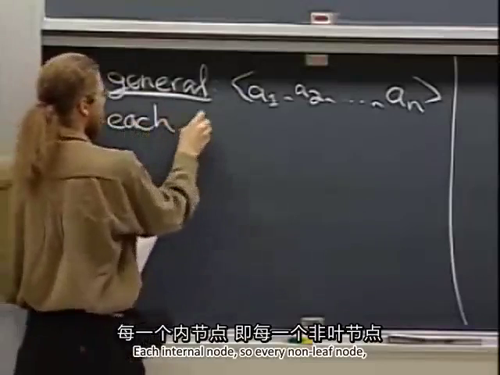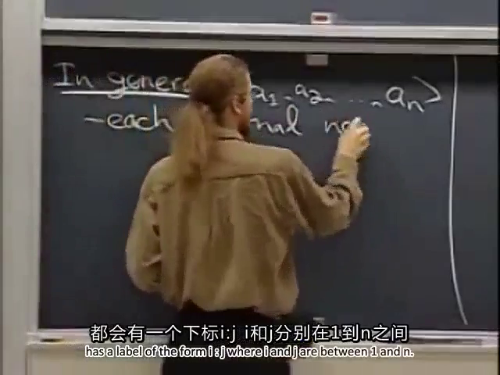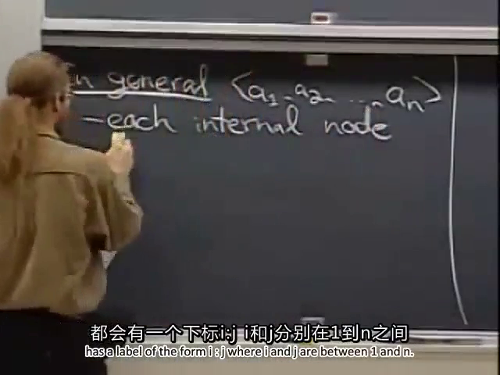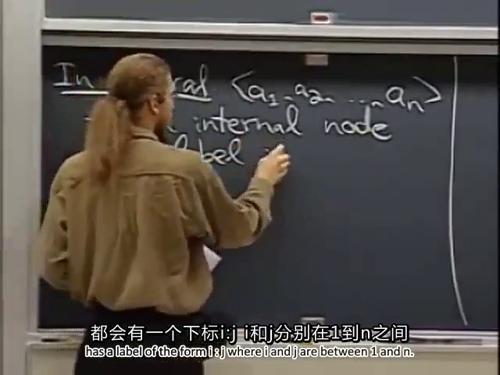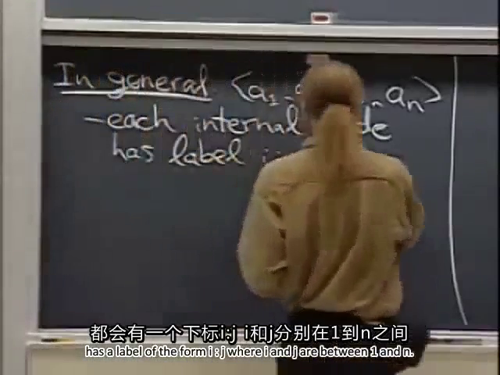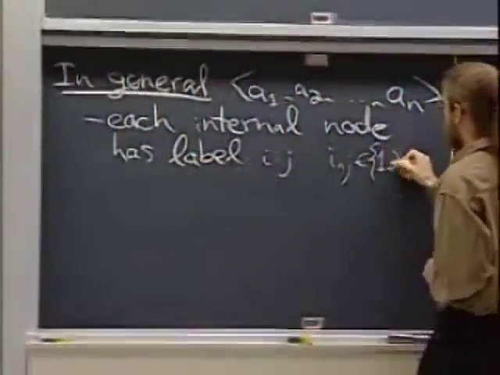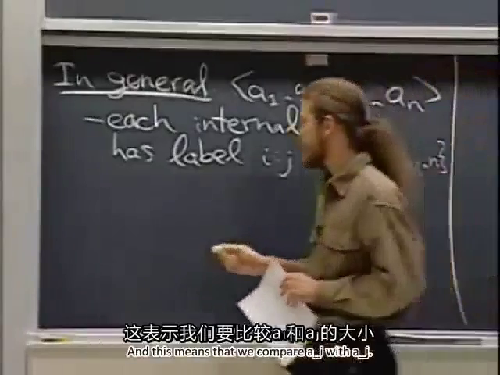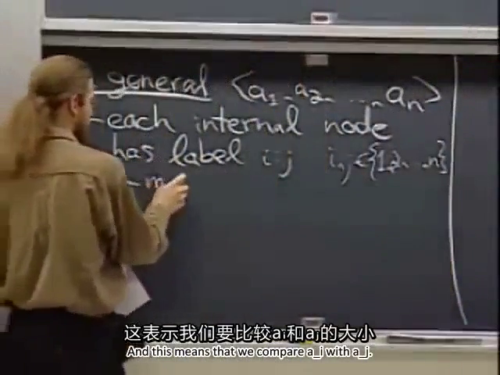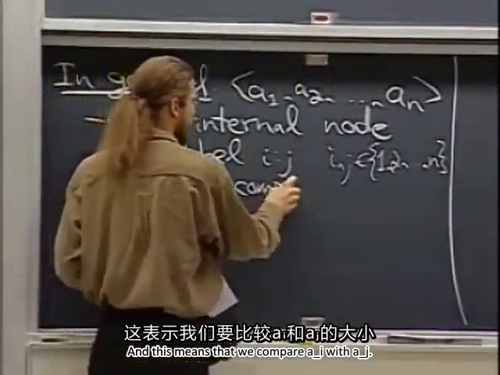Each internal node, so every non-leaf node, has a label of the form i colon j, where i and j are between 1 and n. And this means that we compare A_i with A_j.